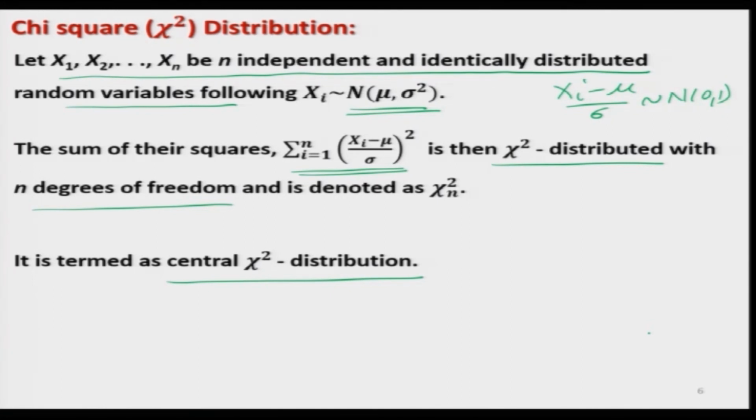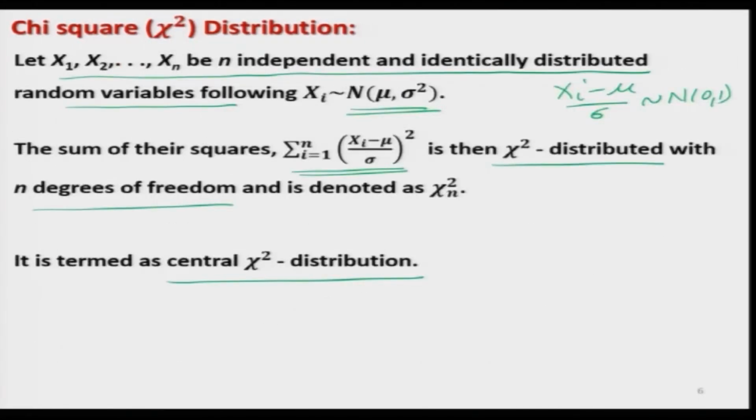But one thing I would like to make clear is that in most cases we are going to use only the central chi square distribution, and in the common language of statistics, unless we say or write that it is non-central chi square, we assume that the distribution is central chi square, right.